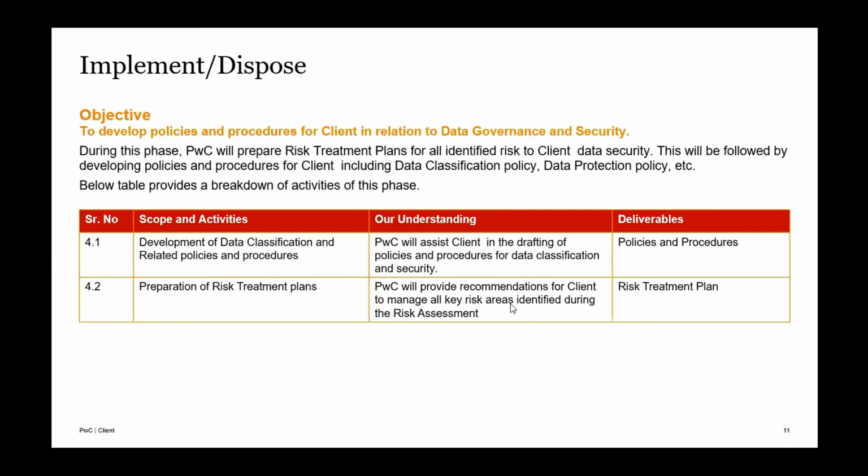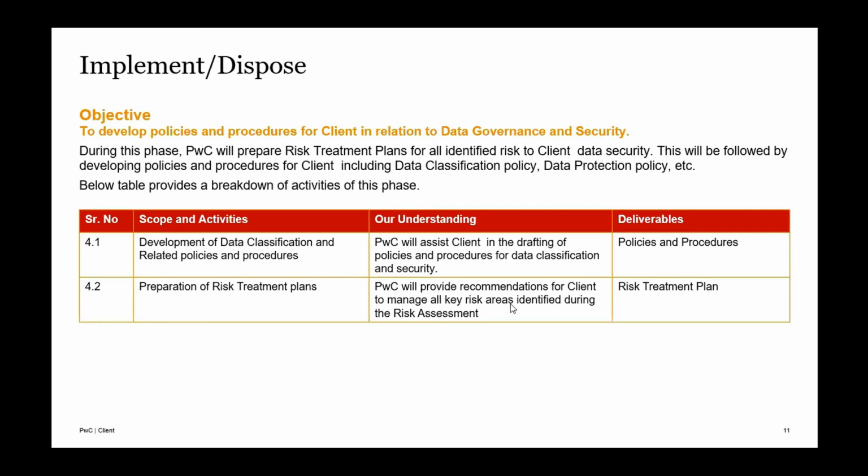So if you take implementation, we would carry out all the policies and procedures, and then we will hand them over to the organization. We would give the policies and procedures that are developed, and they would be agreed with the stakeholders and presented to the steering committee.